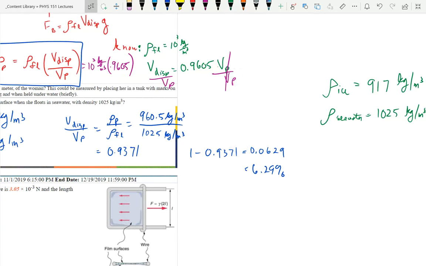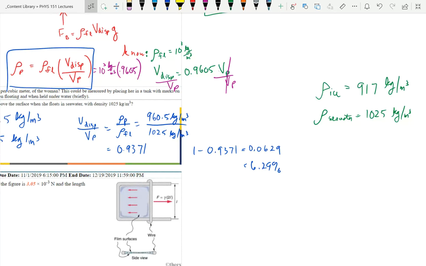I did, but simply using part B, that will get you that much.